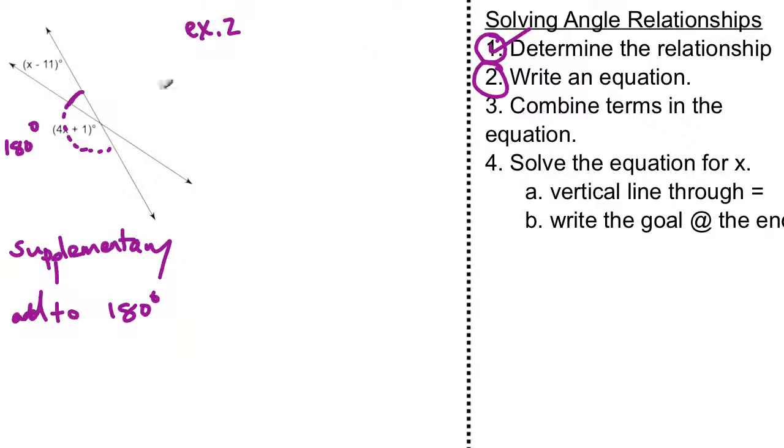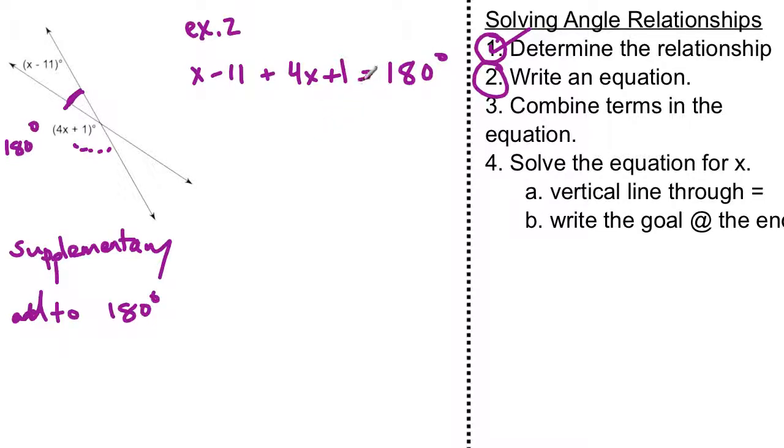The second step is we need to write an equation. The first part, x minus 11, plus the second part, 4x plus 1, equals 180 degrees.